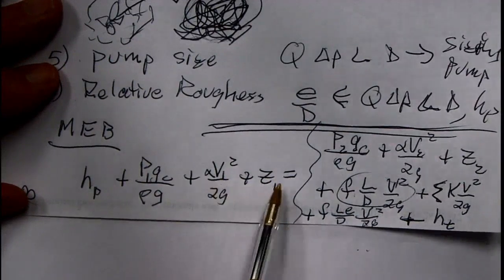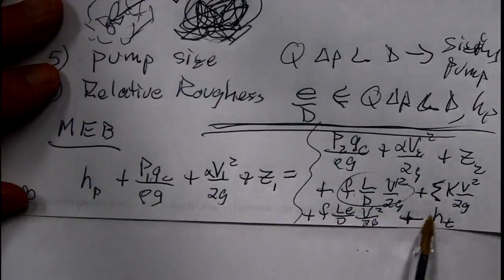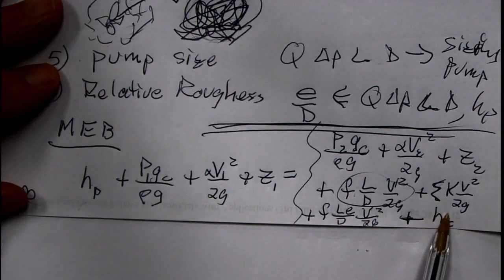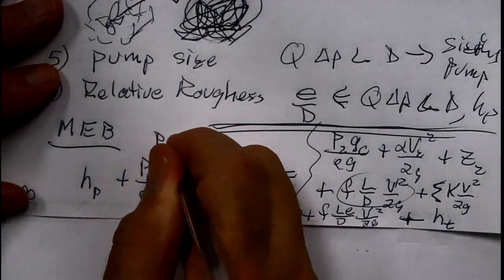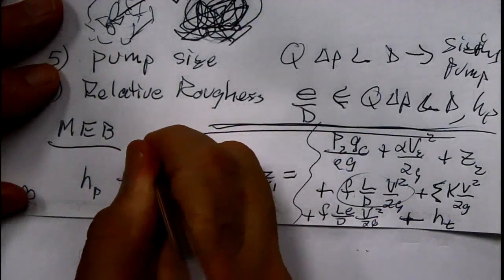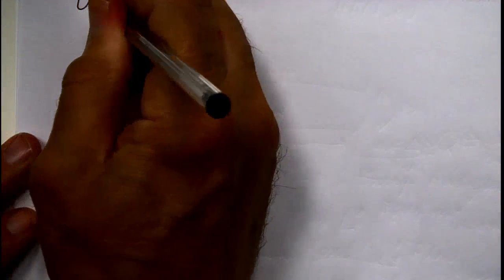This becomes a number, this becomes a number, this becomes a number, and all this in here becomes numbers. And suddenly P1 and P2, P1 minus P2 would be pressure drop. So what happens, the mechanical energy balance is a direct calculation. So we'll write unknown pressure drop here.